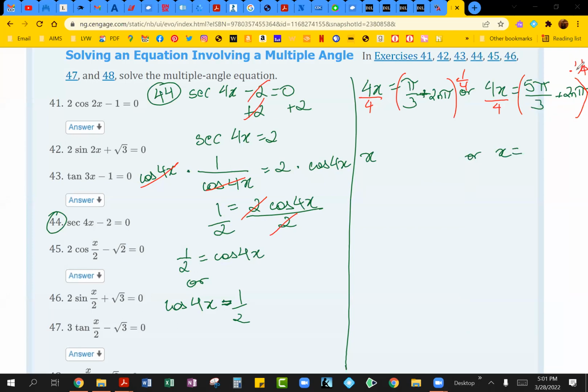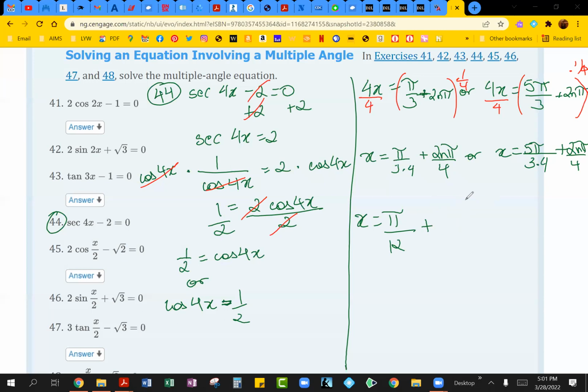So that means what you will end up doing over here is, pi over 3, but then the denominator gets multiplied by 4. And then 2 n pi will, of course, get divided by 4. On the other side, 5 pi over 3, but again, denominator gets multiplied by 4, plus 2 n pi divided by 4. So when you clean this up, as you guys had the answers over there, pi over 3 times 4, of course, is 12, plus 2 n pi, actually, you know what?